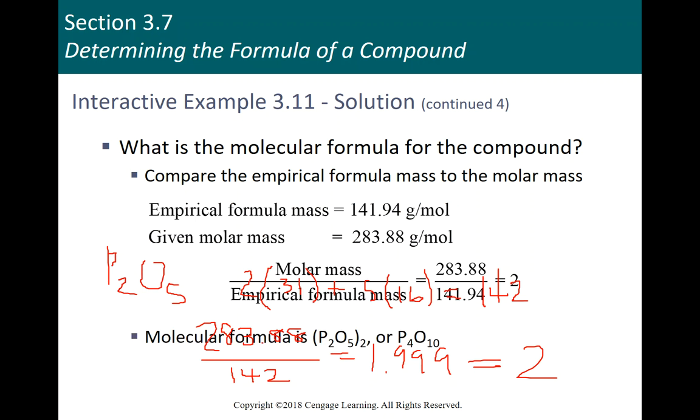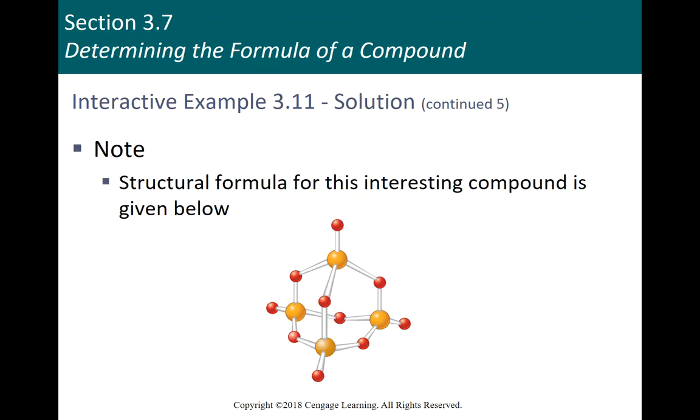And so we will take our empirical formula and multiply each of those subscripts by 2, and this is the molecular formula of our compound. There's the structural formula for that compound.